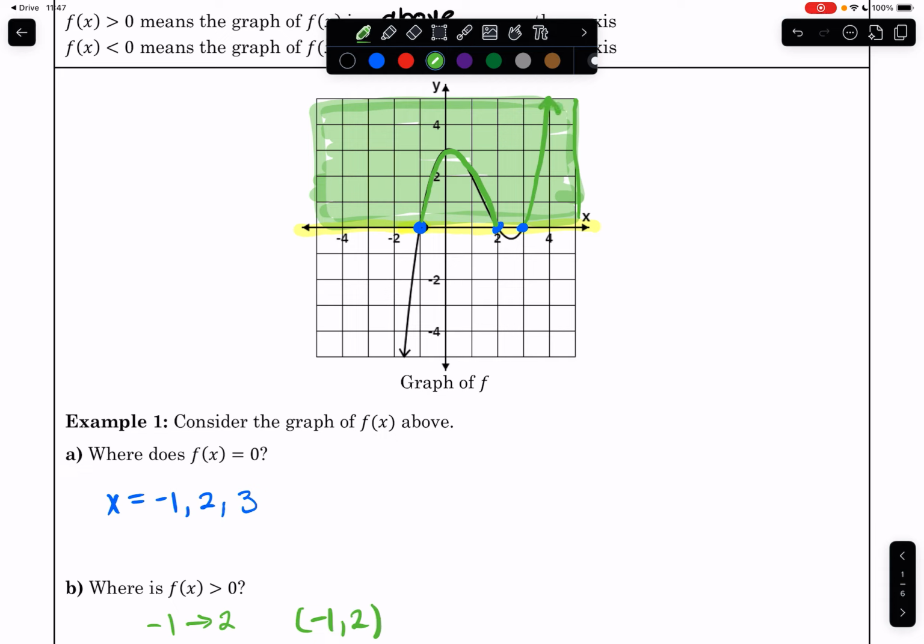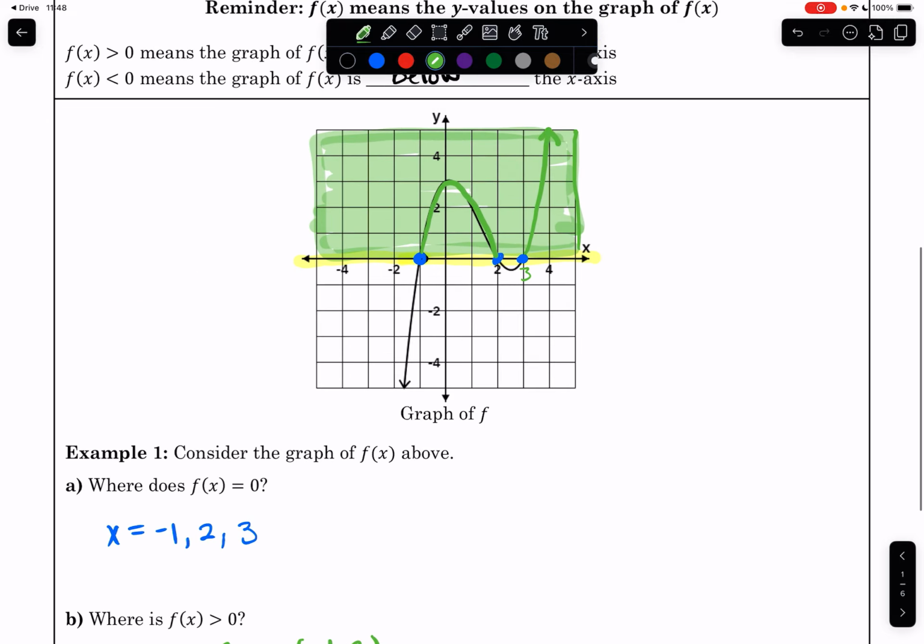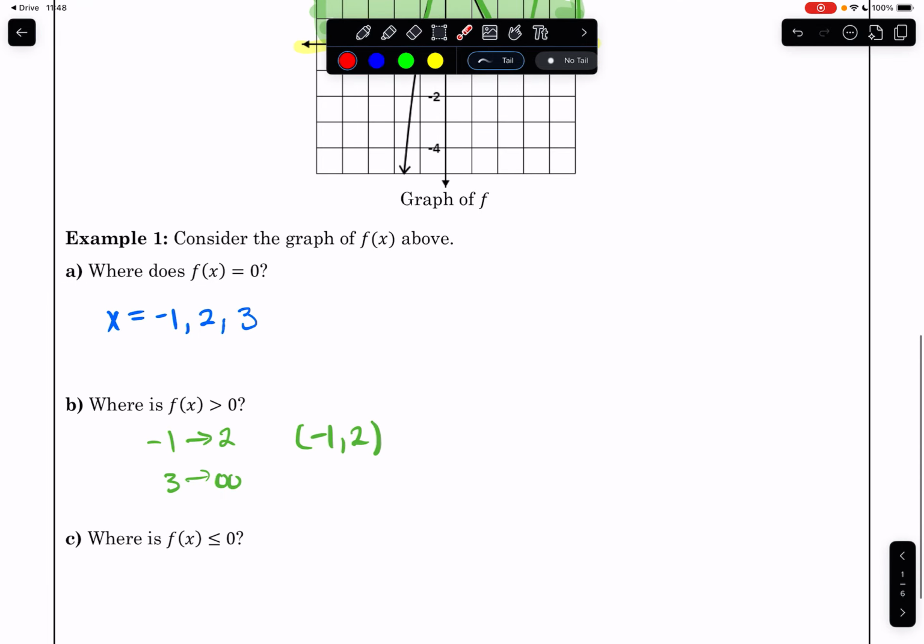It starts to be above the x-axis at +3, so we're going from 3 all the way to positive infinity, because we're moving to the right of that location. So 3 to infinity in interval notation is the other part of the solution. Where can we find that f of x is greater than 0? It's finding the intervals where the function is above the x-axis.